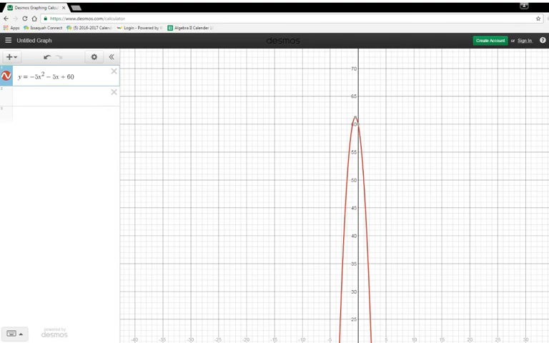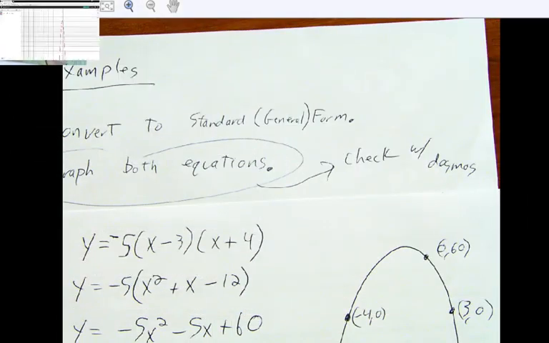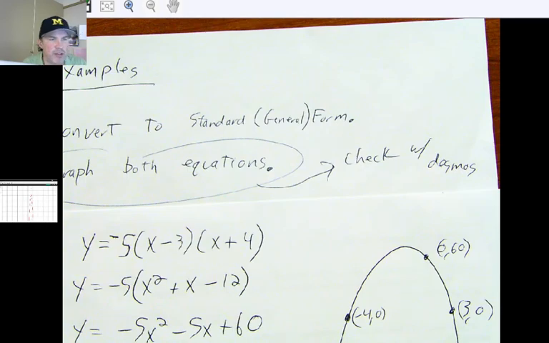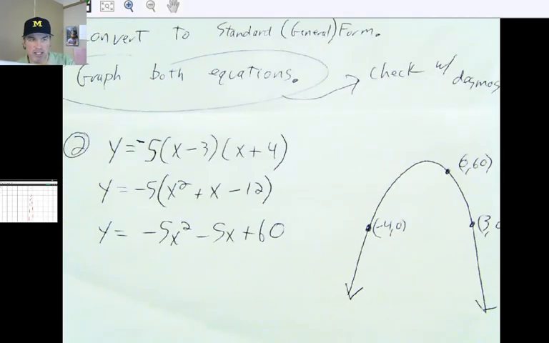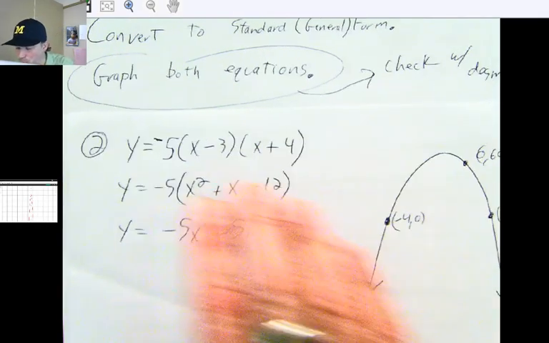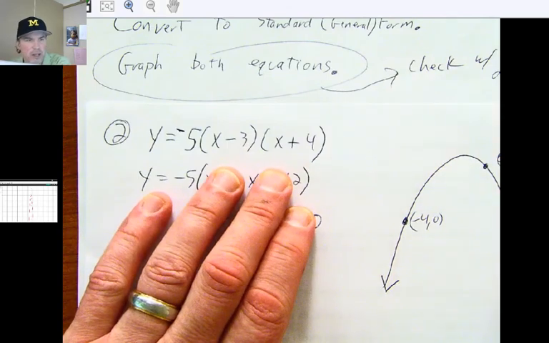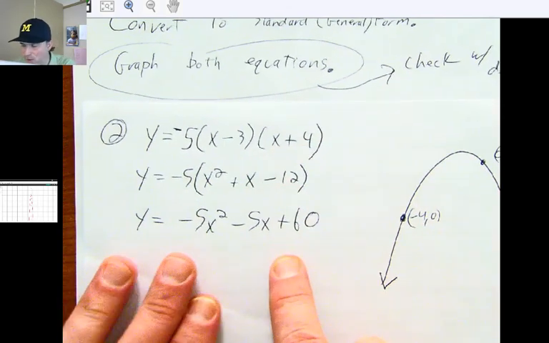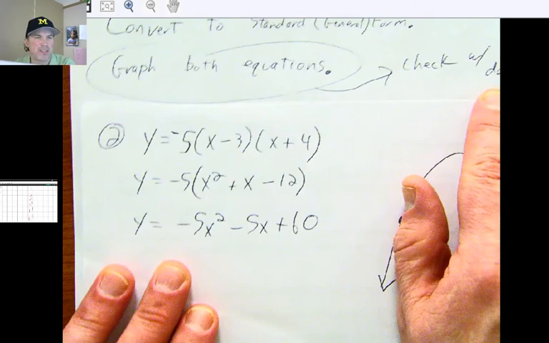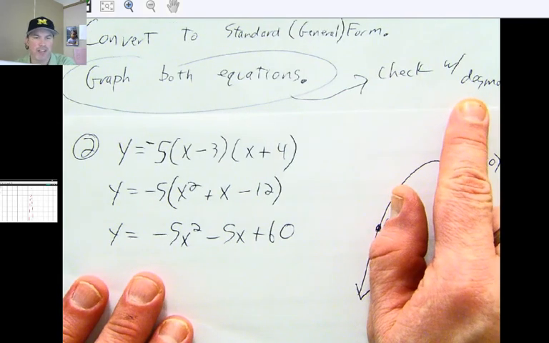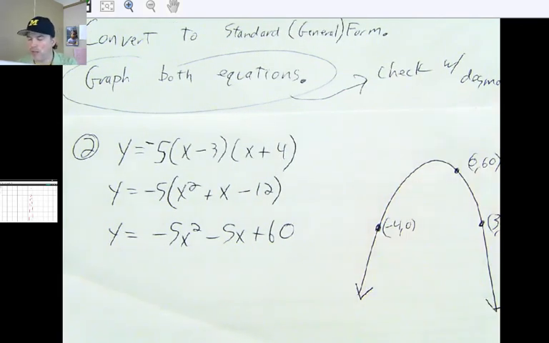So I have successfully used Desmos to check my answers. So graph it first, then put the form into standard, and then check with Desmos or a graphing calculator or any graphing utility to make sure that your graph is right.